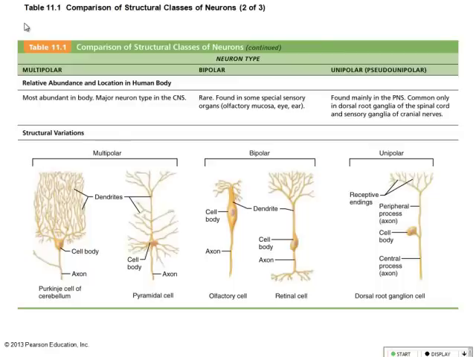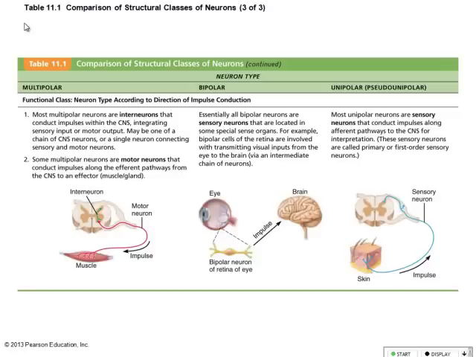So that table on page 394 in your textbook gives you a nice overview of the different types of neurons, where I might find them in the body. It's a continuation of the same, giving us information about where I might find these guys in the body.